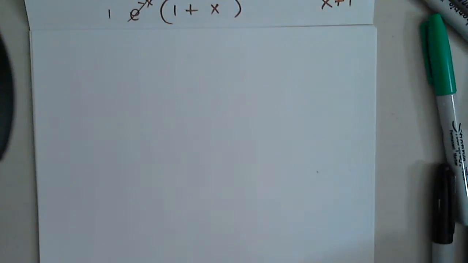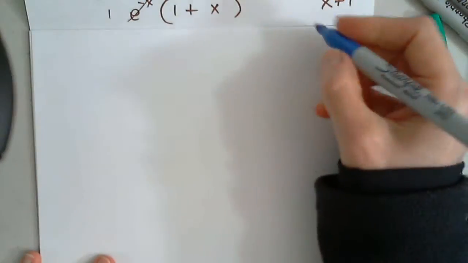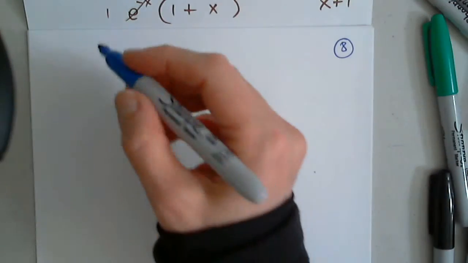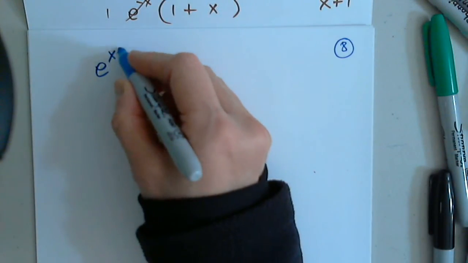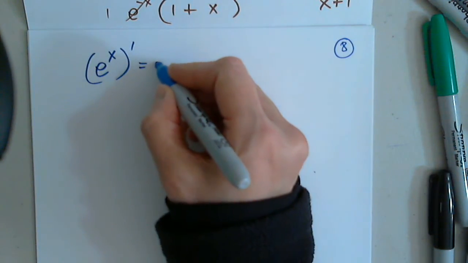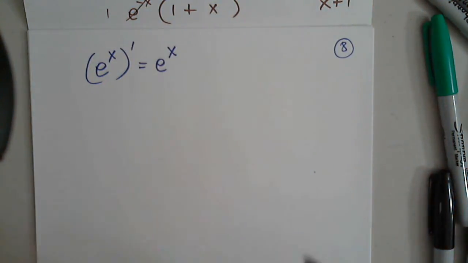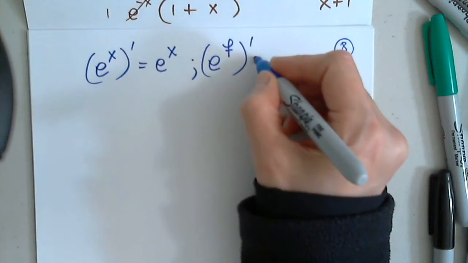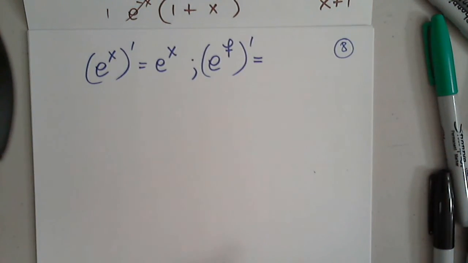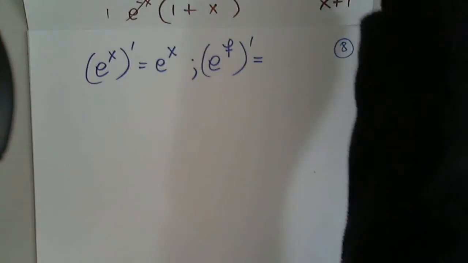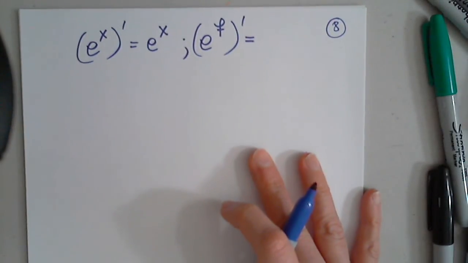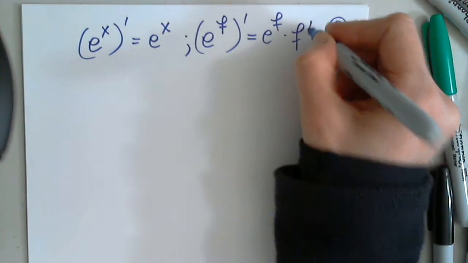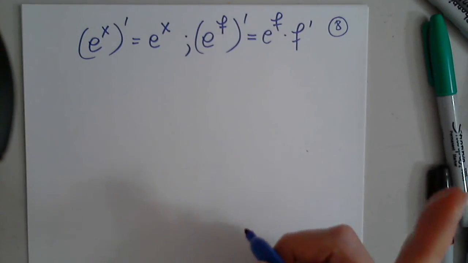Let me refresh your memory on something from our recent past experience. We said again that e to the x prime is the nicest of all. We also said that e to a function prime is what again? Anyone? e to the f times f prime.